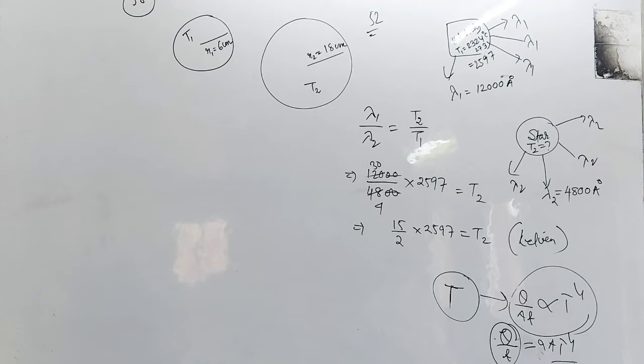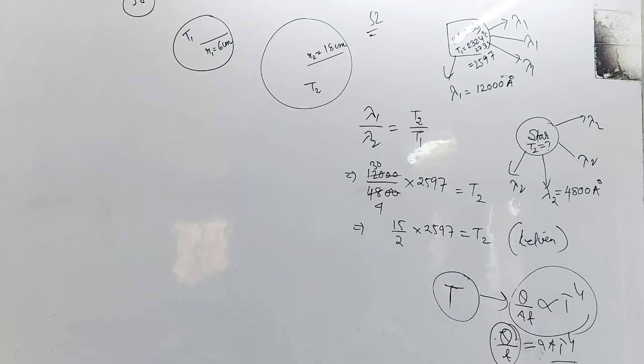Newton's law of cooling talks about only temperature. If the question contains radiation energy or radiation heat, you have to apply Stephen's law. Do you understand how to apply these three different laws?